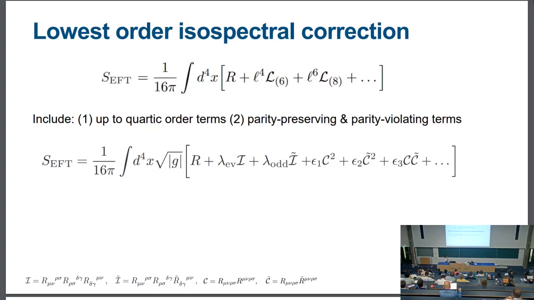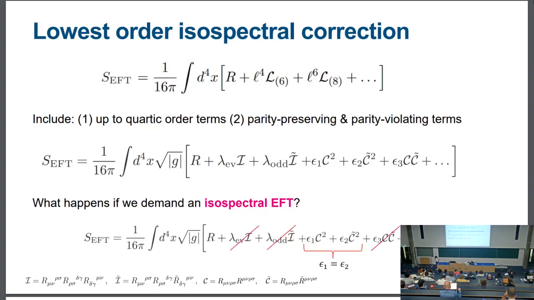You can ask the same question as I've been asking before: are there any isospectral effective field theories, given that we're starting from this theory? The answer is yes, and it requires certain properties of the EFT. The first thing is you do not have any parity violating terms, which means you have to cross out this one and this one.